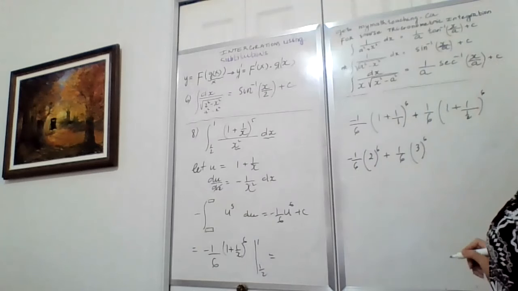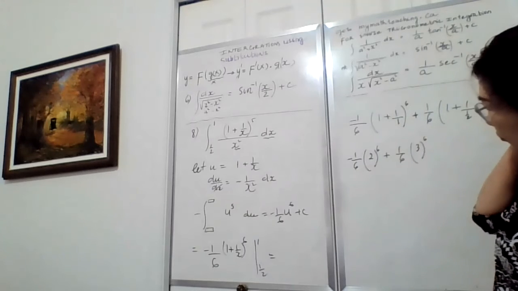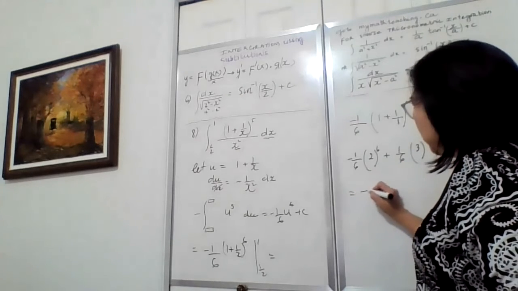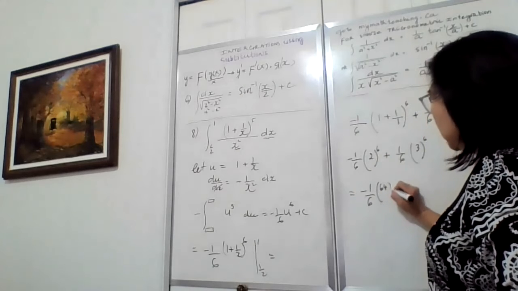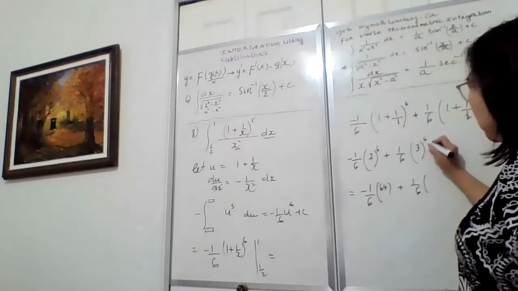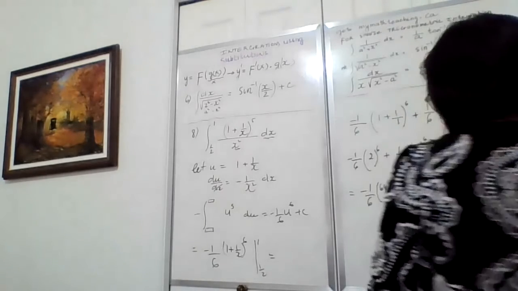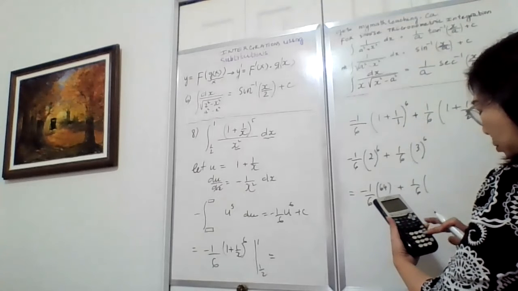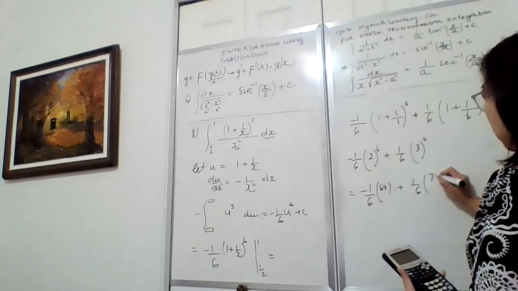So basically, this will become minus 1 over 6 times 2 to the power 6, which is 64, adding with 1 over 6 times 3 to the power 6, which is, I think, 729. Let's see. 3 to the power 6. Yeah, 729.